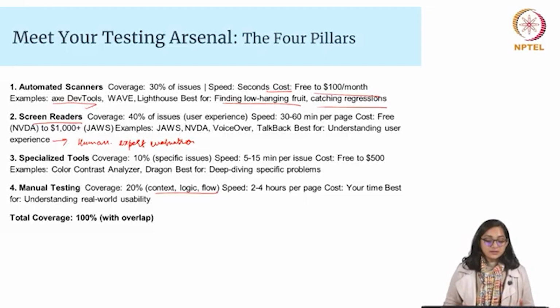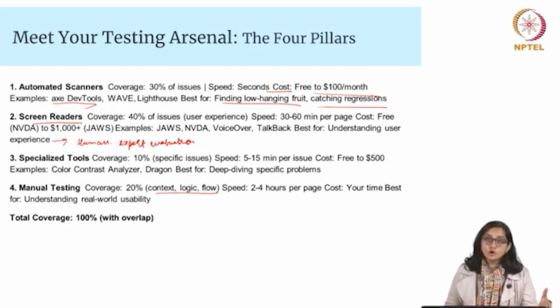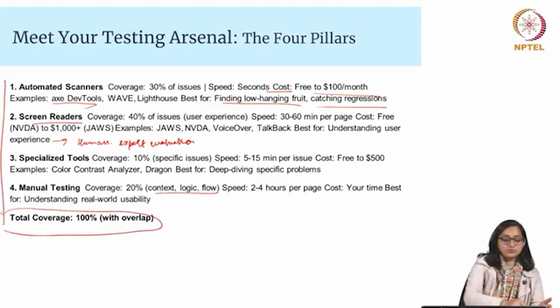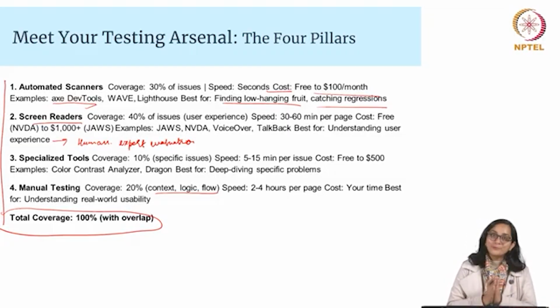Best for understanding real world usability. So if we are able to use all of these together, only then will we be able to achieve 100% coverage for identifying accessibility and usability issues in our product.